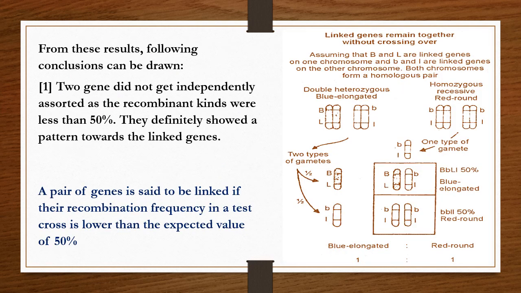From these results, category 1, category 2 and the Bateson and Punnett results, the following conclusions can be drawn. The two genes did not get independently assorted, did not separate, as the recombinant kinds were less than 50%.